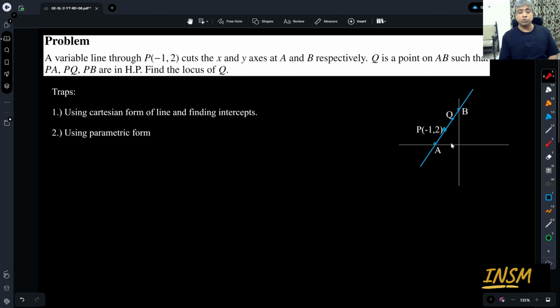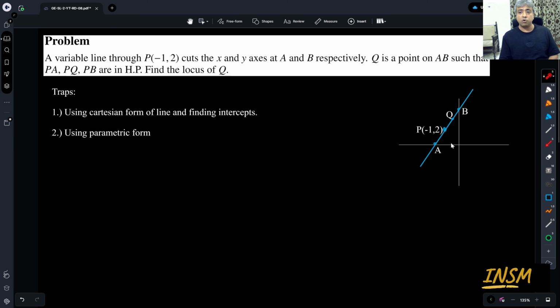Another trap is using parametric form directly, like x equals -1 + r cos theta, y equals 2 + r sin theta; you are going to fall into another kind of trap. Once you have tried solving it, you will better understand what I'm trying to say.